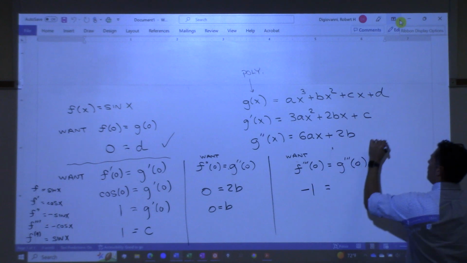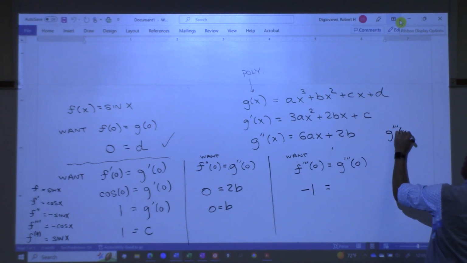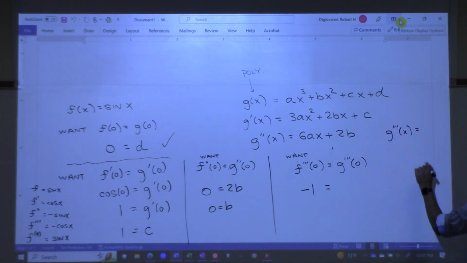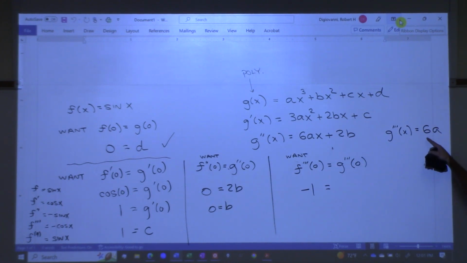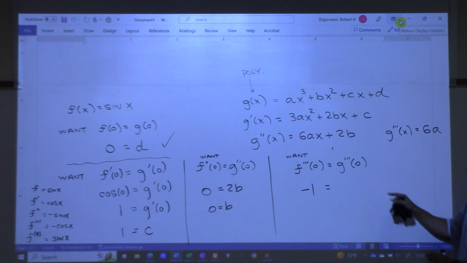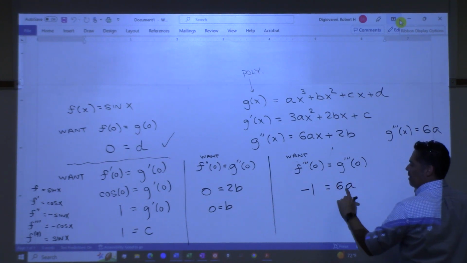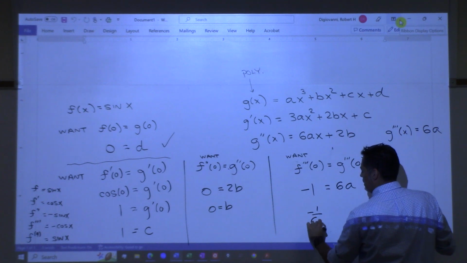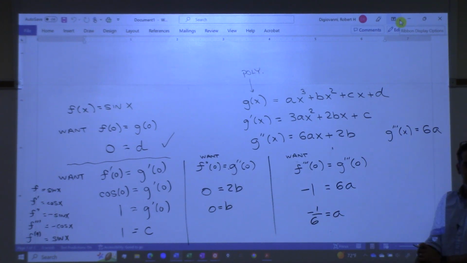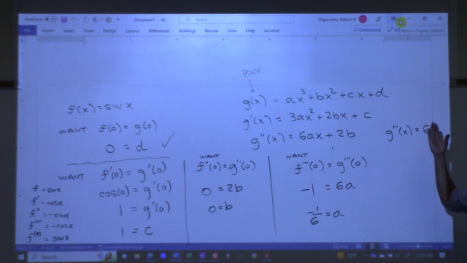And the third derivative of g, which I hadn't done here, is 6a. So 6a must be equal to negative 1, divide, a should be negative 1/6. And that's it. I'm not going to go any further because I went with the third degree polynomial, right?